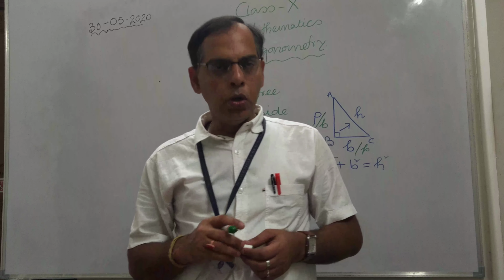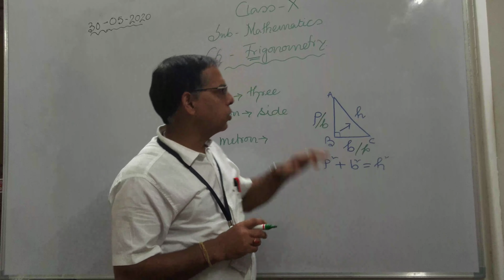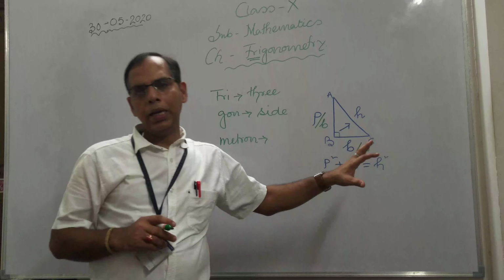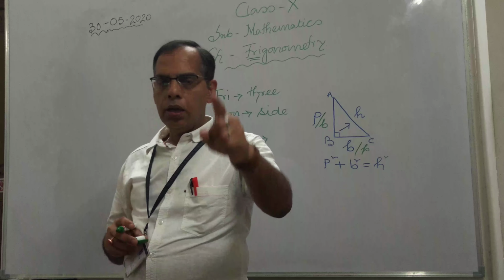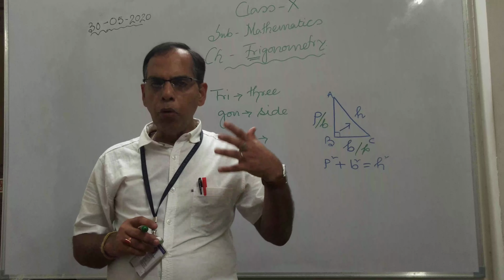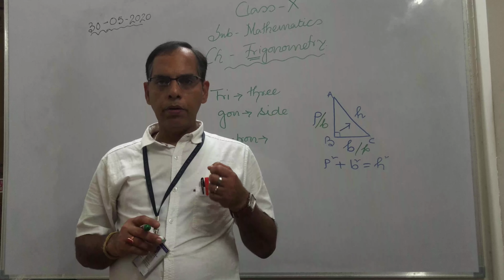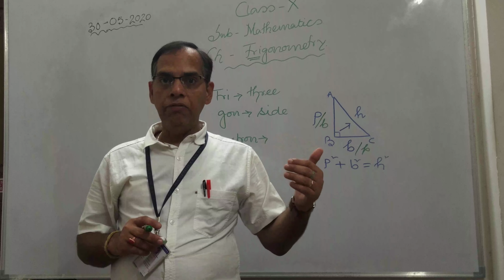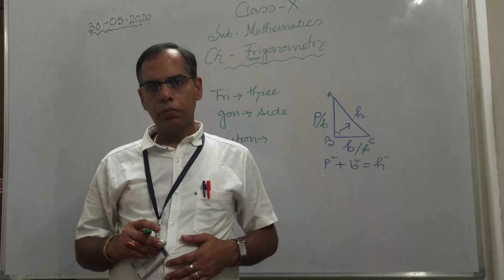Clear? So this trigonometry is related only to the right angle triangle, and that is the reason I have explained the Pythagoras theorem and all. Because the moment we use the right angle triangle, we cannot leave the Pythagoras theorem.